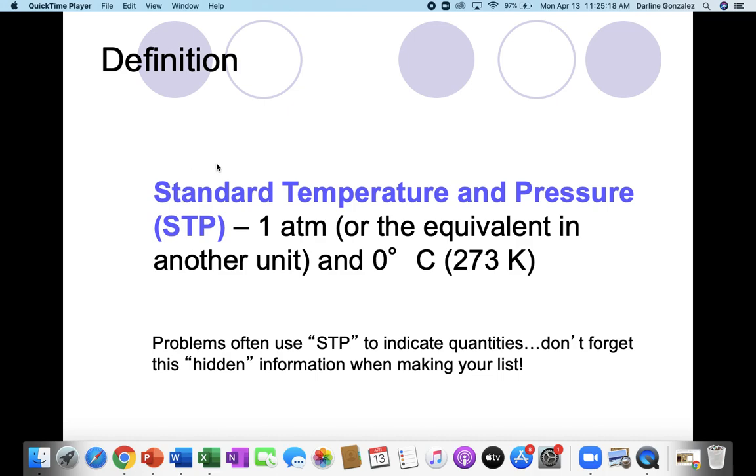You will also see something known as standard pressure, which is 1 ATM, or its equivalent in any other unit. STP actually signifies two numbers: 1 ATM and 273 Kelvin. So they are already giving you the pressure and temperature when they give you STP.